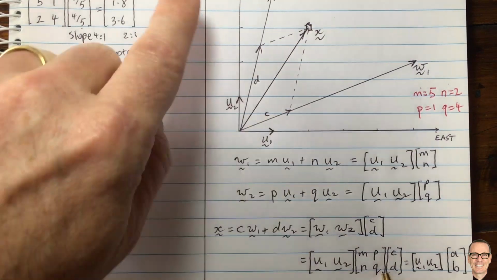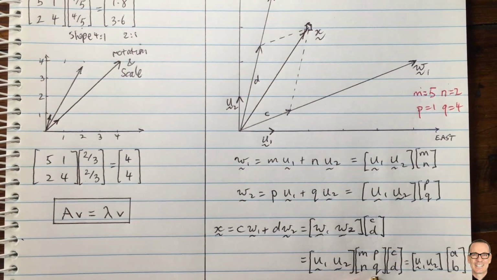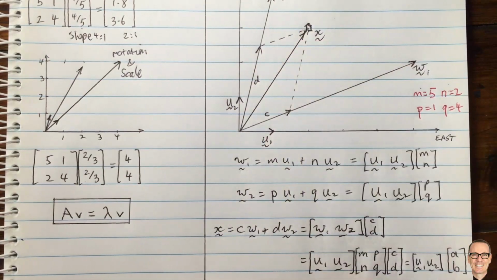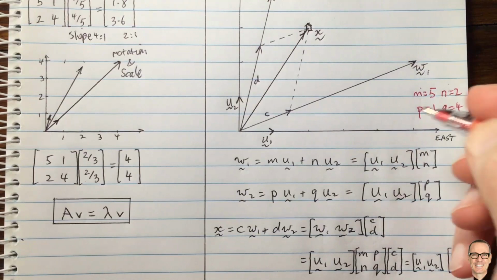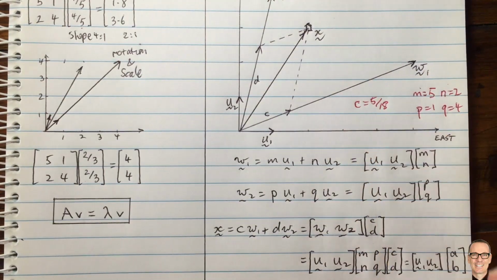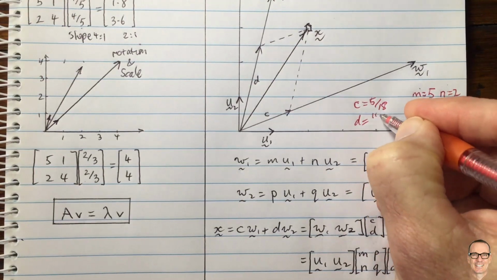Okay, so here's where we're coming back to eigenvectors, to try to understand eigenvectors. Here's where we have the transform now, taking a vector and putting it into a matrix. And we'll just take one example here, so it'll match up with the one that I've drawn here. Let's say that c equals 5 divided by 18, just to pick the example that I've drawn, and d equals 11 divided by 18.